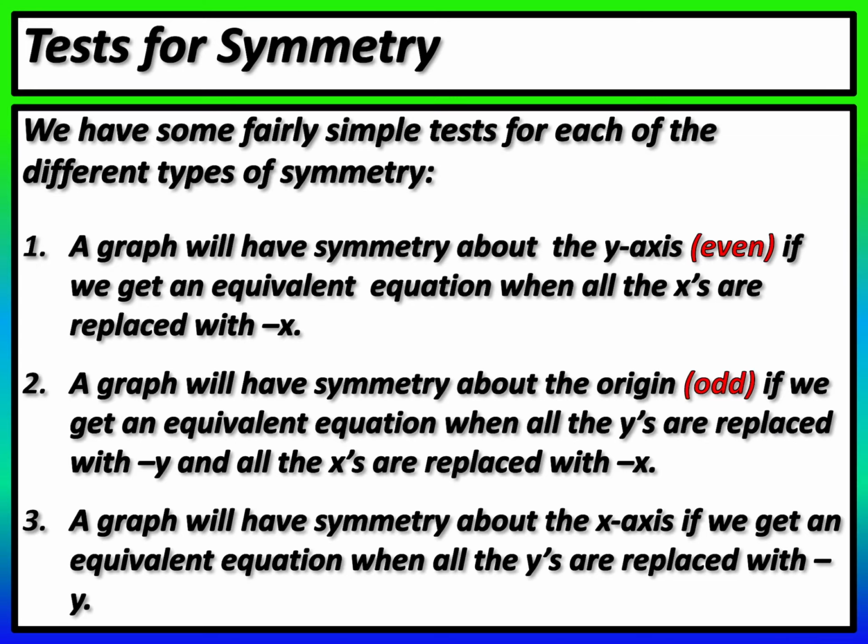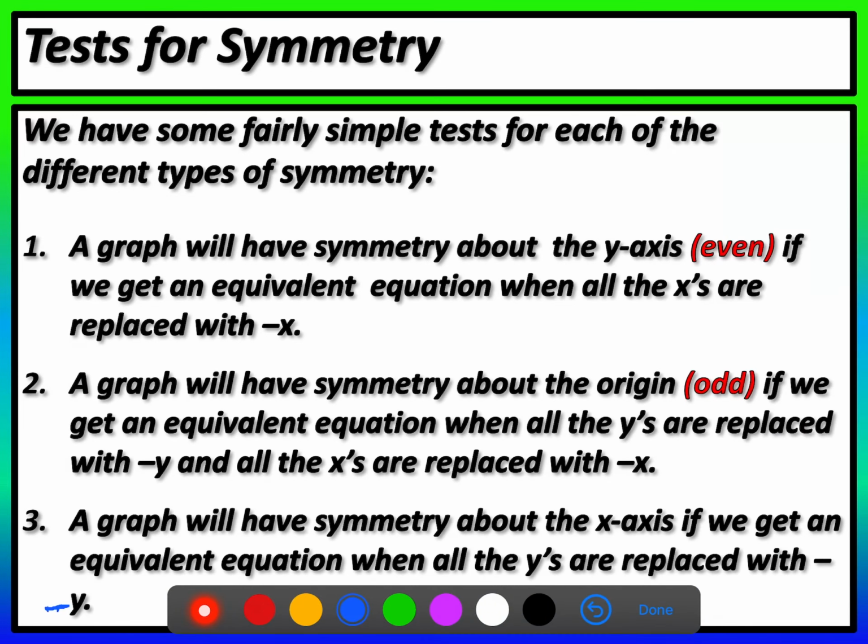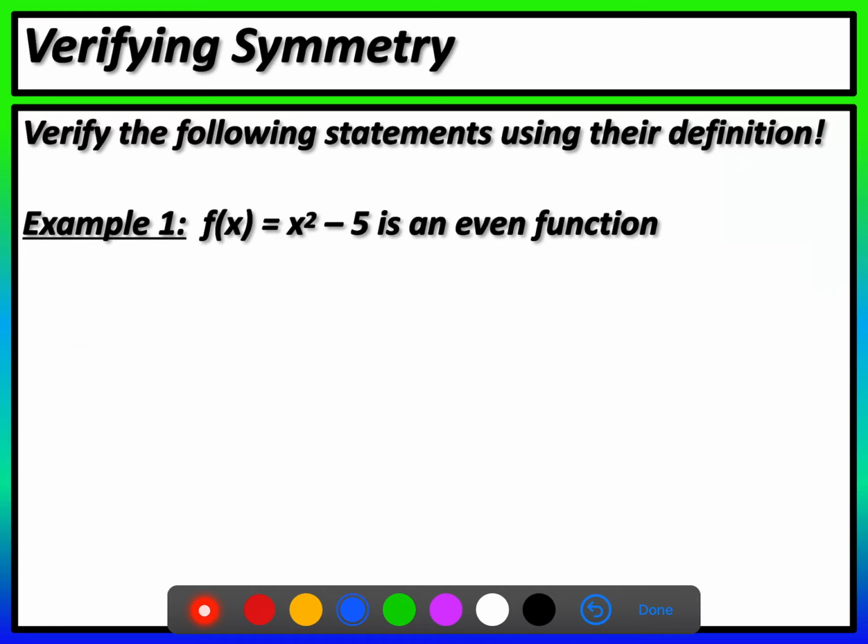For odd, we're going to replace both the x's and the y's in our function for negative x and negative y. And to prove x-axis, we're going to replace all of the y's with negative y. So just be careful because this is on the other line. It's negative y that we're replacing. Okay, so those are your 3 rules. I'm going to show you how to prove each one.